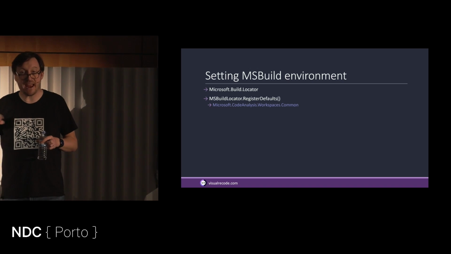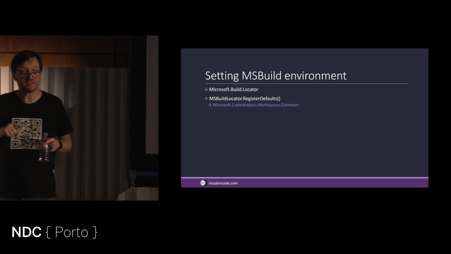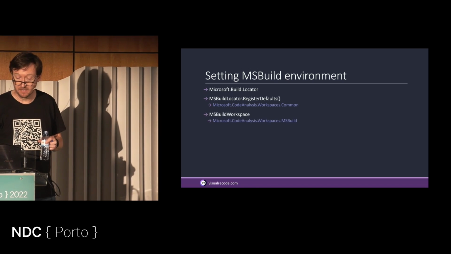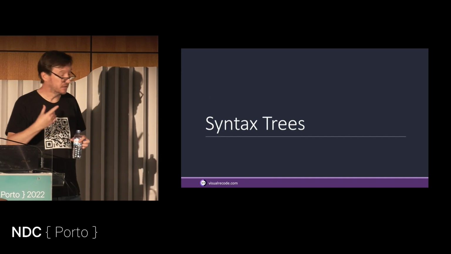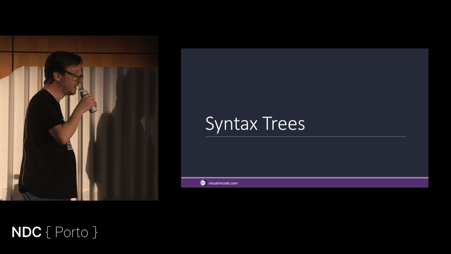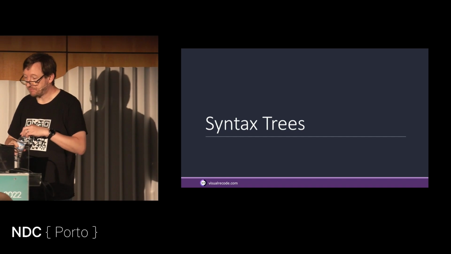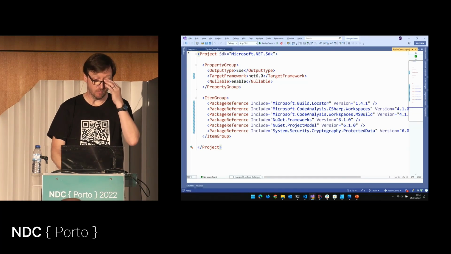Don't let it do anything else at all. That's the first thing you do, because otherwise, 9 times out of 10, it will find the wrong one. And then you get your MSBuild workspace, and then you can start loading things into it. So let's jump over to the code quickly, and I will demonstrate that.